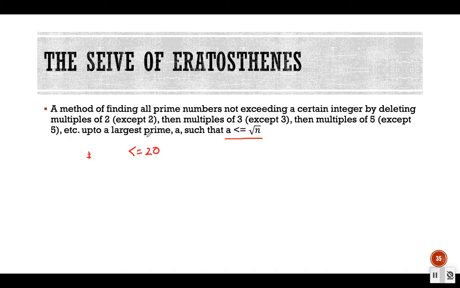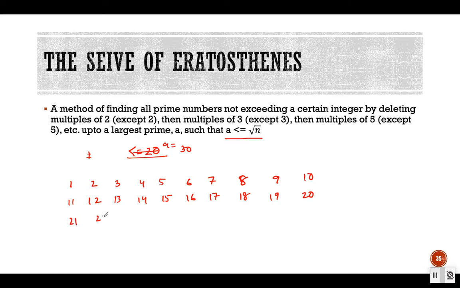Actually, let's make it 30. So let's say n equals 30, and we are going to find all the prime numbers not exceeding 30.